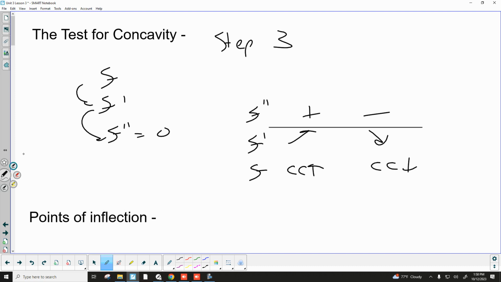We don't have to distinguish them like we do with maxes and mins. It's just those are points of inflection. The second derivative changes sign is where our curvature changes.